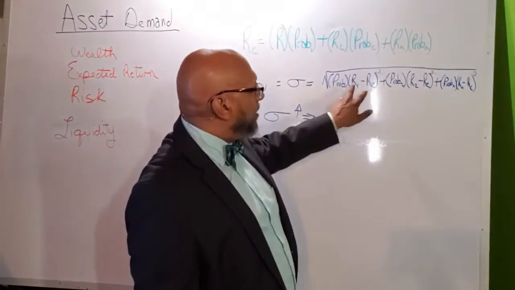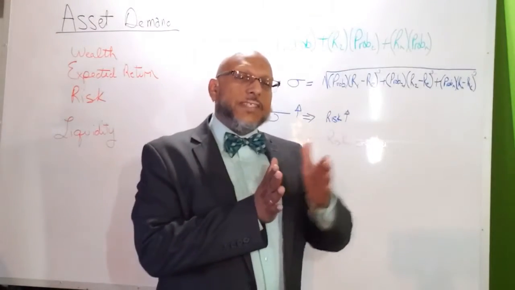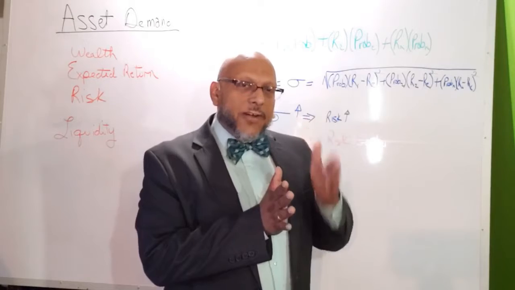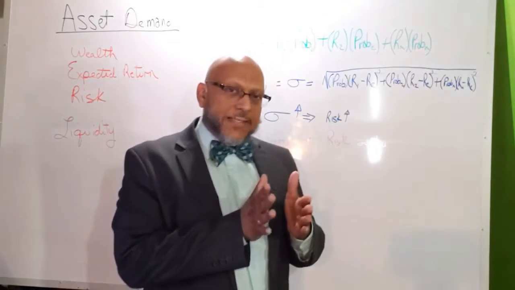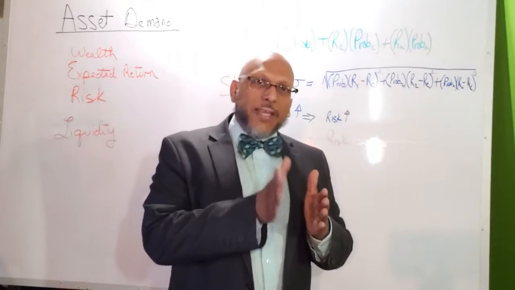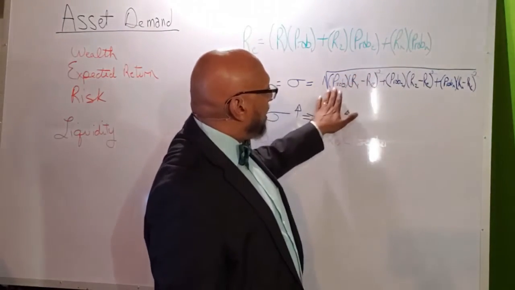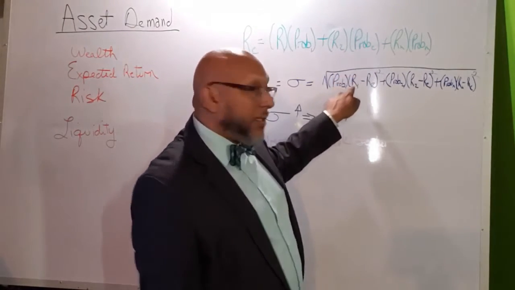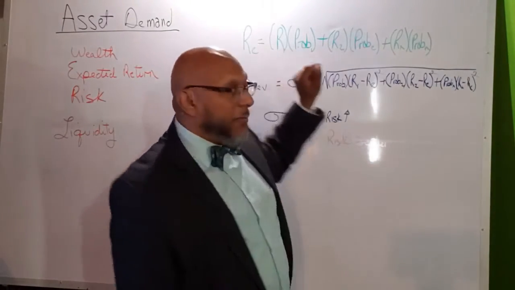Inside here, we're looking at the range, the distance of how far apart the various rates of return that we've seen in the past are from that weighted average. We take the square of that and multiply that squared number by the probability of that particular return. It's this return sub 1 and the probability sub 1.